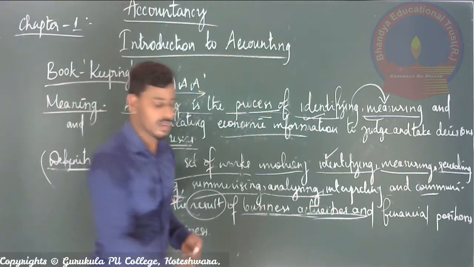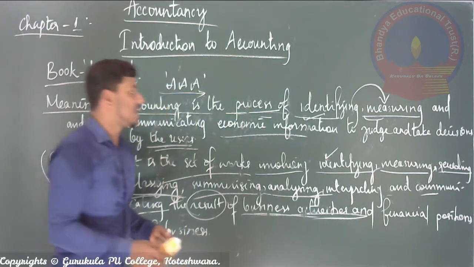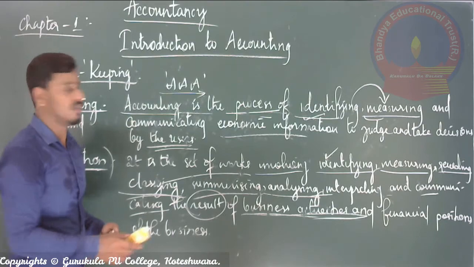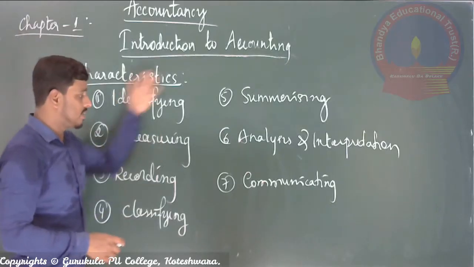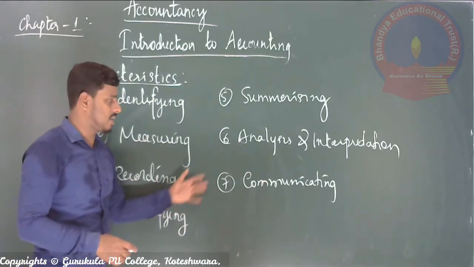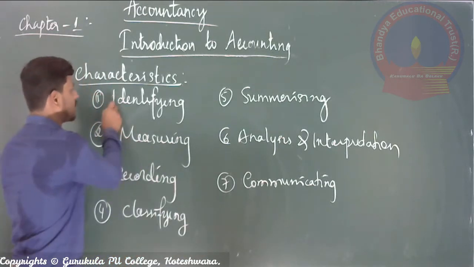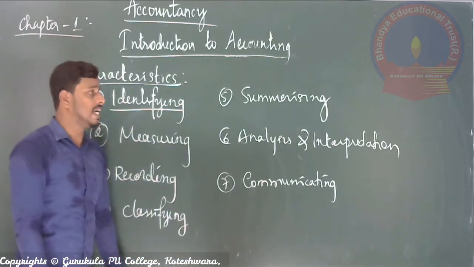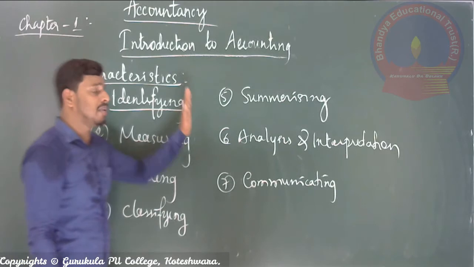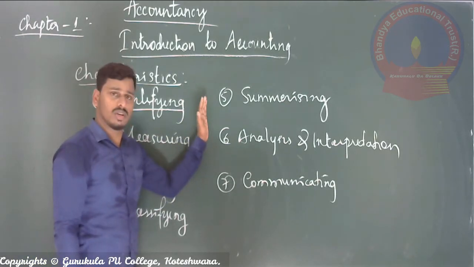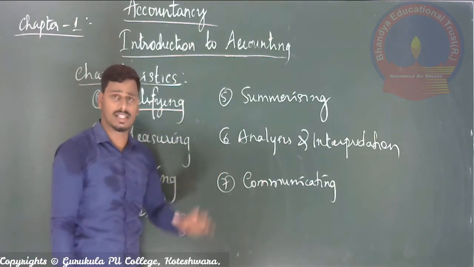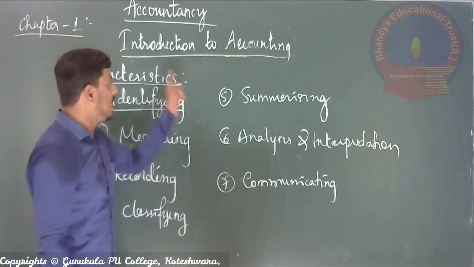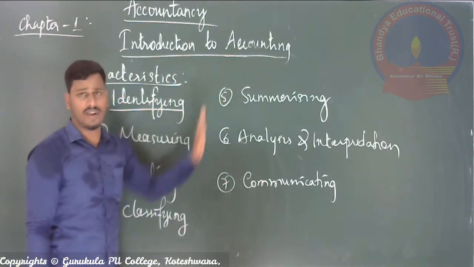Now I'm moving into the characteristics of accounting. There are 7 features or characteristics, so we'll discuss one by one. Actually, the set of activities we discussed in the meaning or definition of accounting are called the different characteristics of accounting.